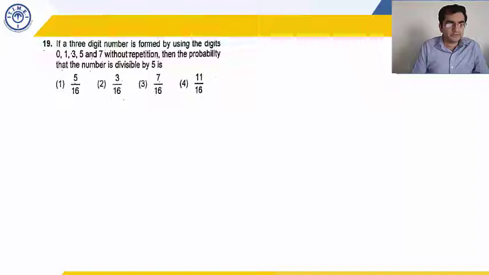First calculate total number of outcomes, then go for favorable number of outcomes.